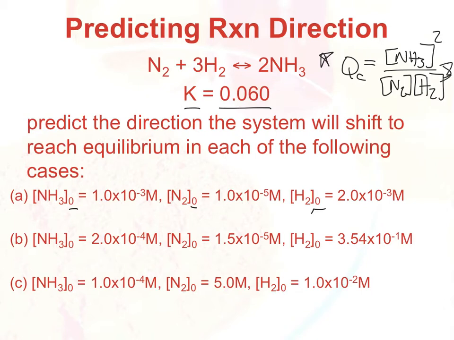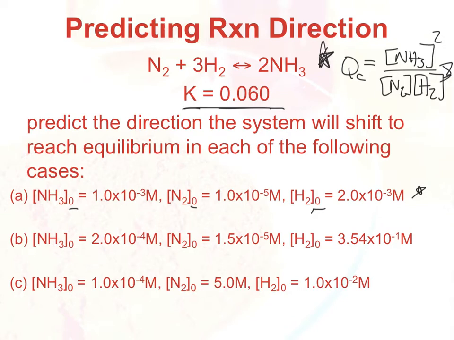Now that we have our reaction quotient, we can use this equation and the initial concentration values they've provided to calculate our Q value. Once we calculate Q, we compare it to K, and whether it's bigger, smaller, or equal to the K value dictates the direction of the shift.